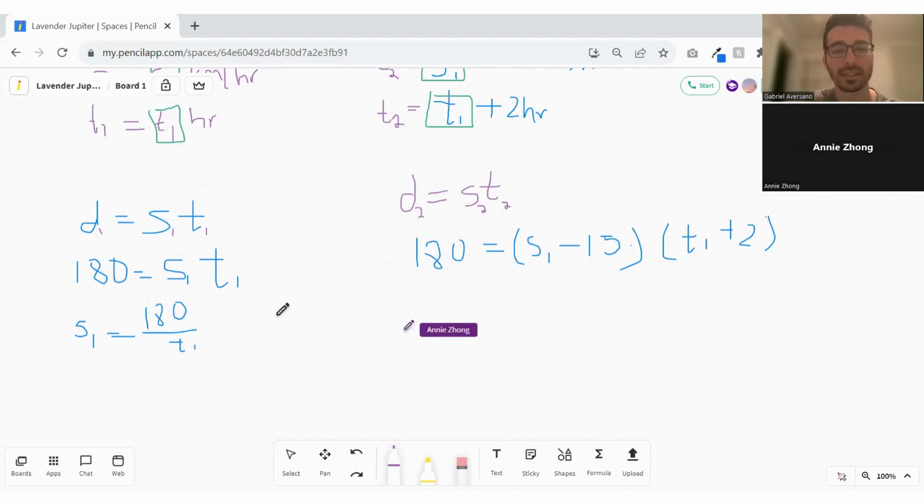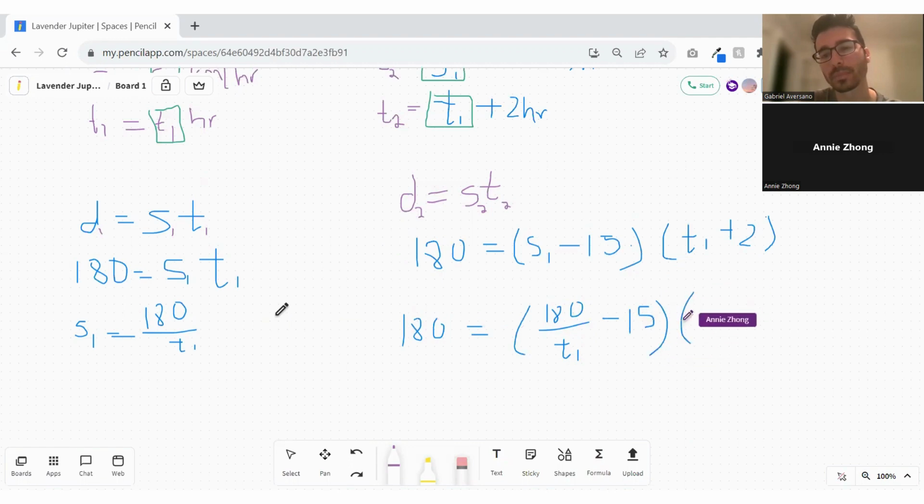So what will happen is we will have 180 equals 2, substituting S1 over T1, subtracting 15 gives me T1 plus 2.